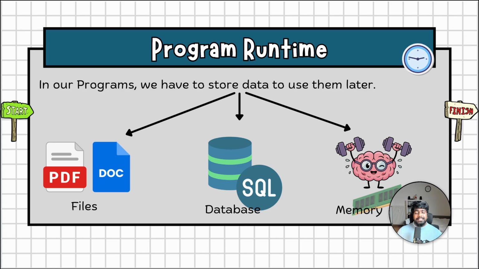Program runtime is very special, and we as software engineers and developers pay a huge amount of attention to the program runtime, especially to storing the data inside that particular program. During the runtime, we have to pay special attention to where we are storing and retrieving the data, because our programs are always working with data.